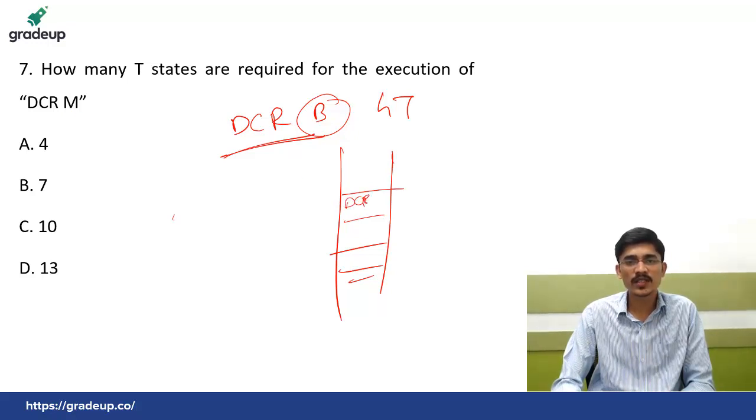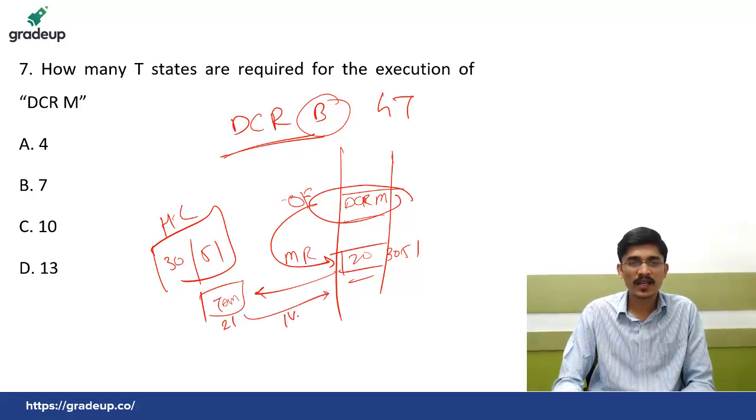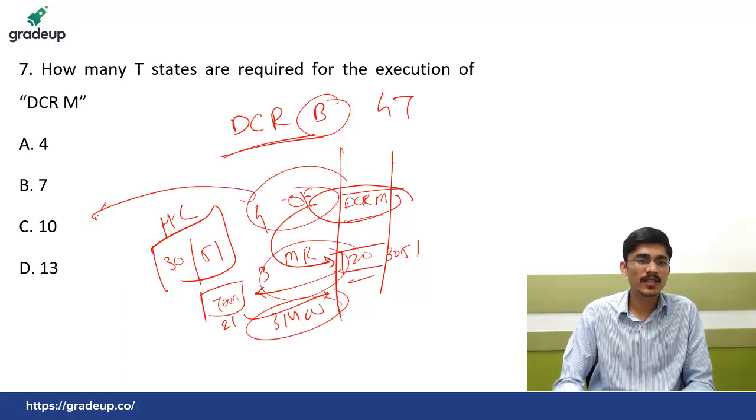So here it is written decrement M, so opcode fetch will be there, then it is going to read the contents of the memory location pointed by the register pair, suppose 3020. Then opcode fetch is there, memory read is there, then the data will be copied to the temp register. Here it is decremented by 1 immediately, and after that memory write is done. So 4 plus 3 plus 3, so it will require a total of 10 T states.